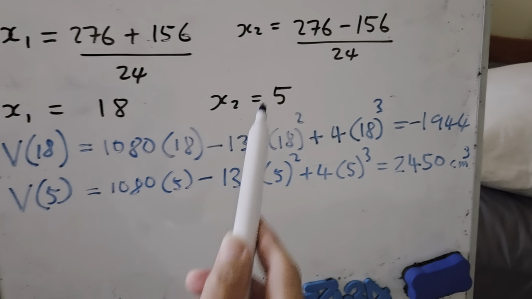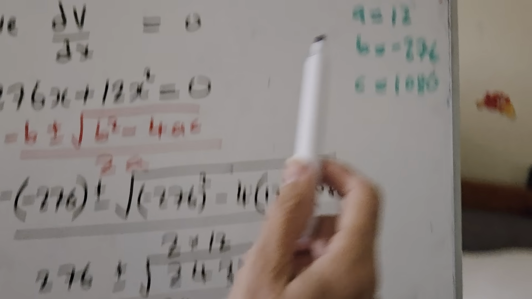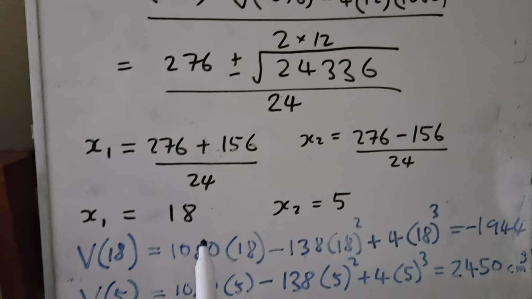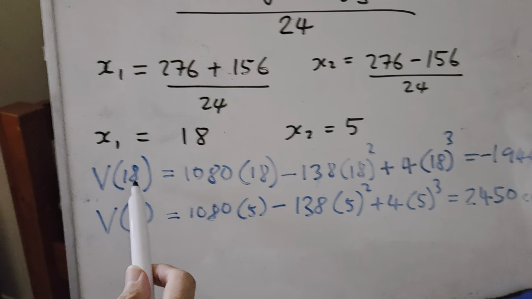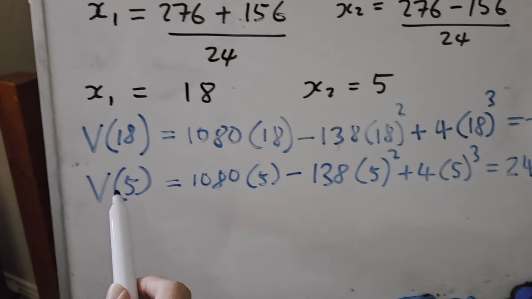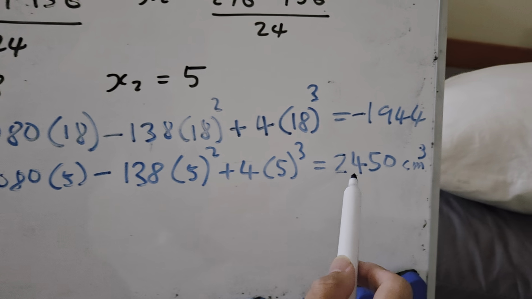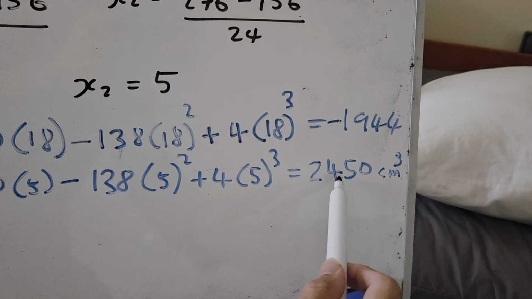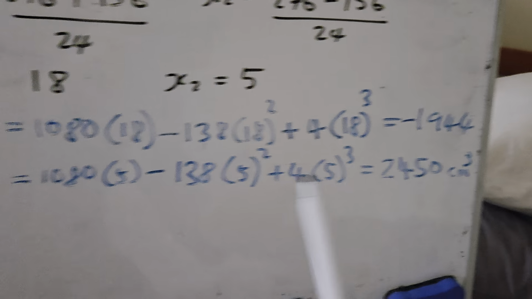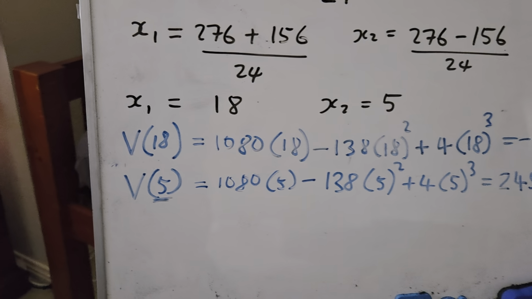So which x value gets us more volume? Maximum means greater volume. V of 18 is giving us negative 1944 centimeter cubed, and the volume when the x value is equal to 5 gives us a volume of positive 2450. So the answer over here is this one. Now our answer needs to be presentable.